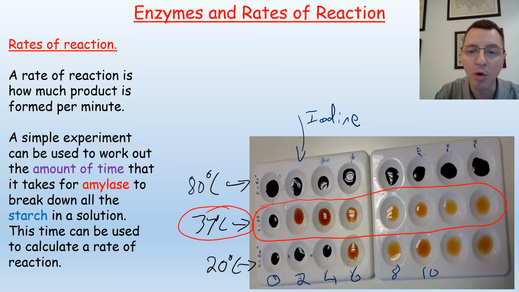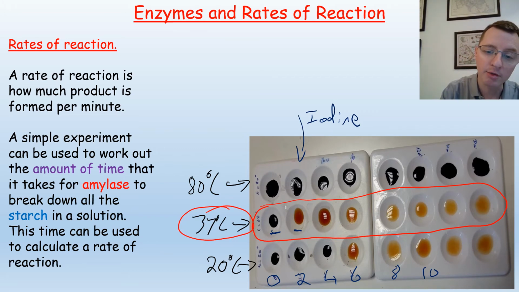At time 0, the iodine has turned blue-black, and that tells you that there is starch present. At 2 minutes later, the iodine is a yellow-brown colour, which tells you that there is no starch present. At 37 degrees, all the starch has been broken down within the first 2 minutes of the experiment.